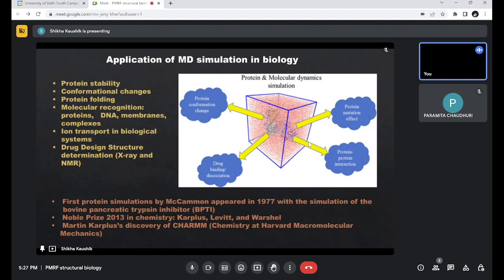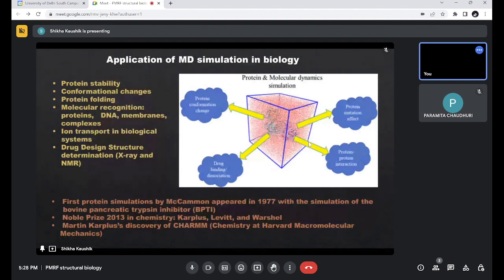And then there are people who in 2013 received the Nobel Prize in Chemistry: Karplus, Levitt, and Warshel. They developed a tool called Chemistry at Harvard Macromolecular Mechanics, which helps you to study molecular simulation, and that is CHARMM.